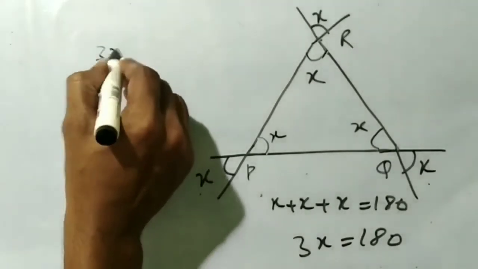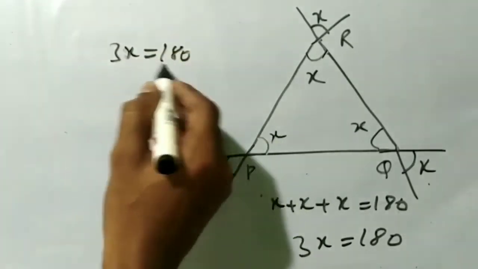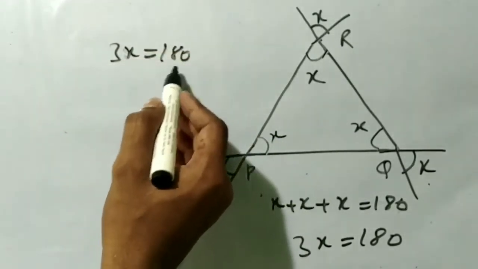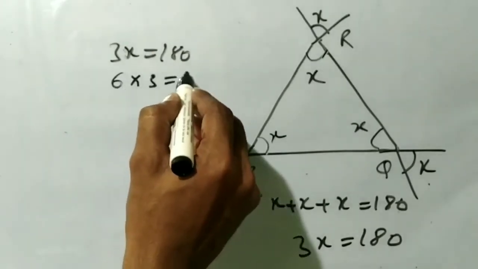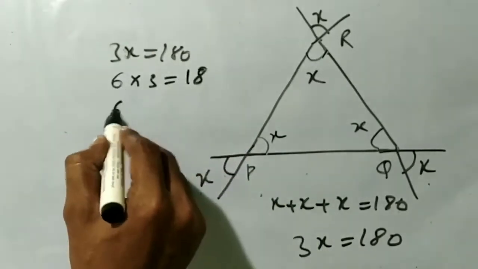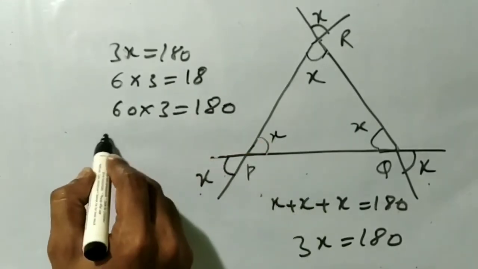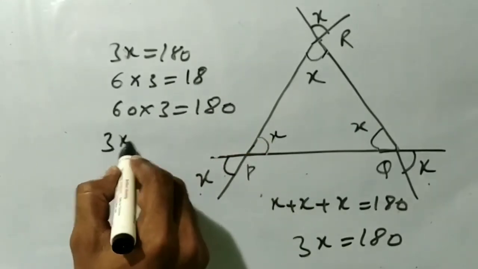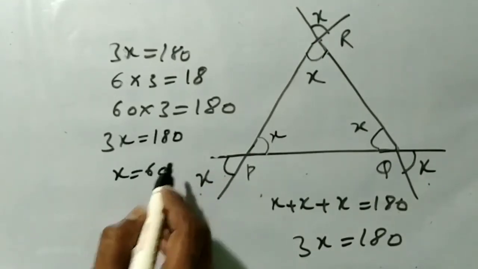We have to know the 6 table: 6 into 3 is 18, so 60 into 3 is equal to 180. So 3x is equal to 180, then x is equal to 60.